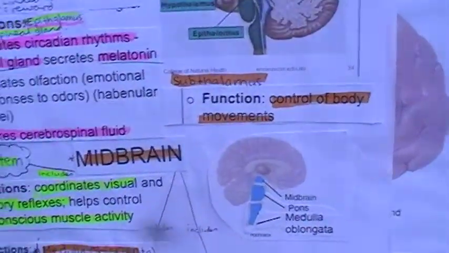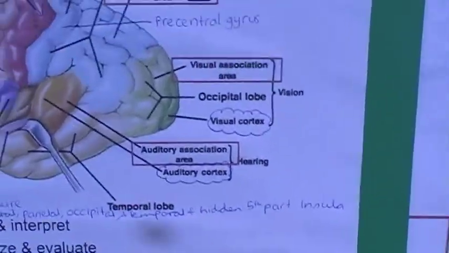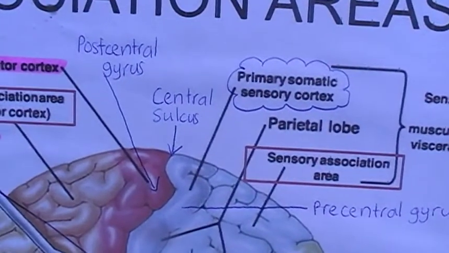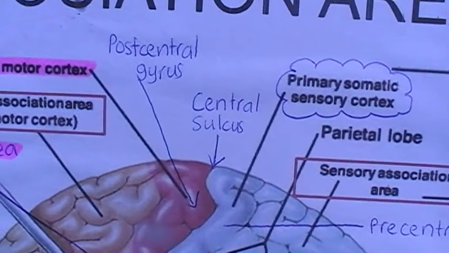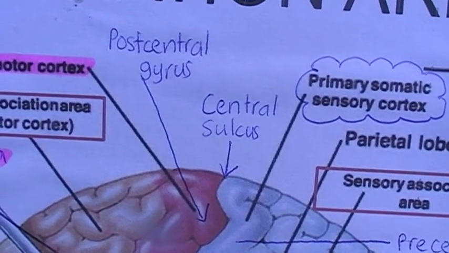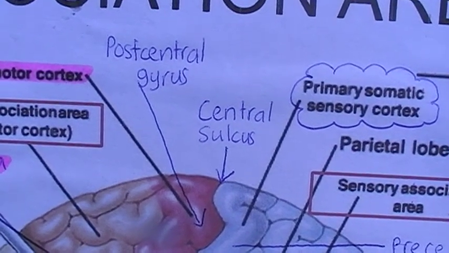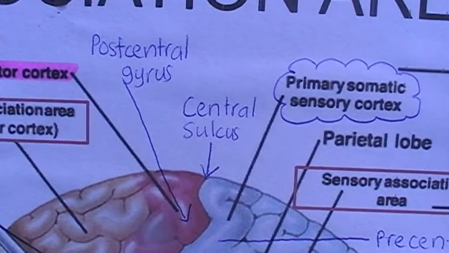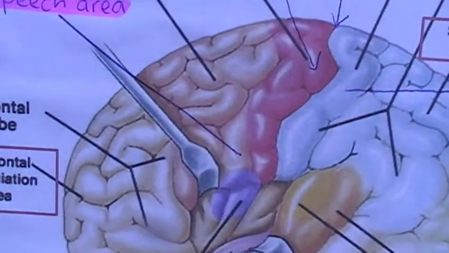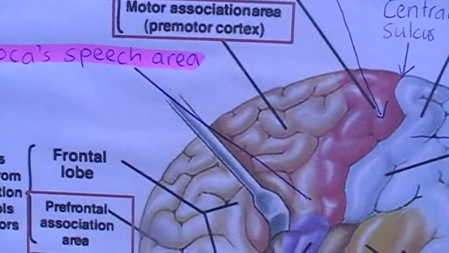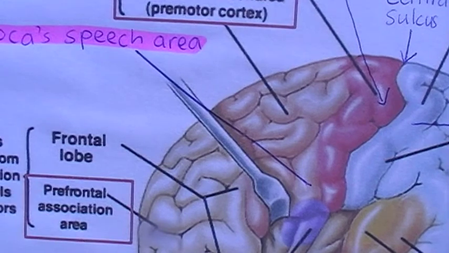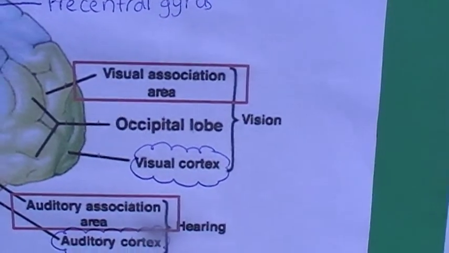Now the functions of each of the brain. Before we get to that, where is the central sulcus? Where is the postcentral gyrus? Where is the Broca's speech area? Where is the visual association area?